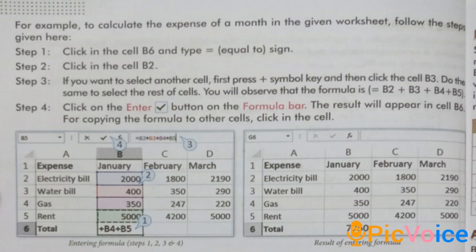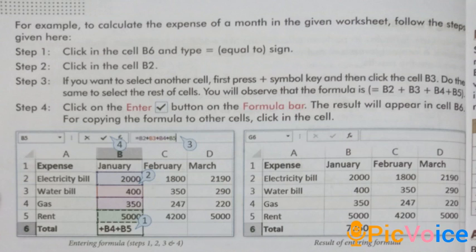Then step 3 is, if we want to select another cell, we have to press the plus symbol key, then click the next cell. Accordingly, we can select the rest of the cells.